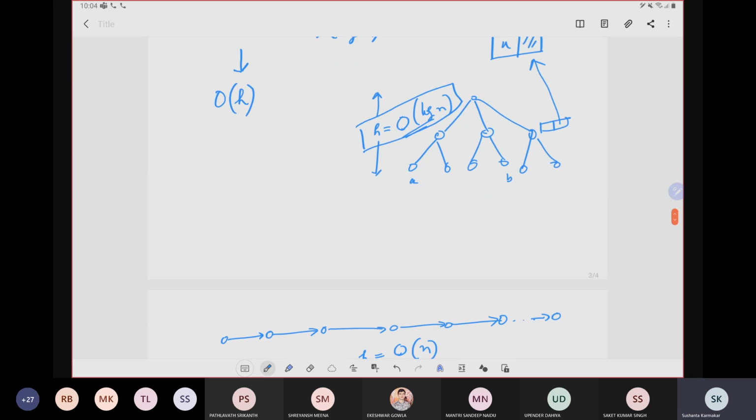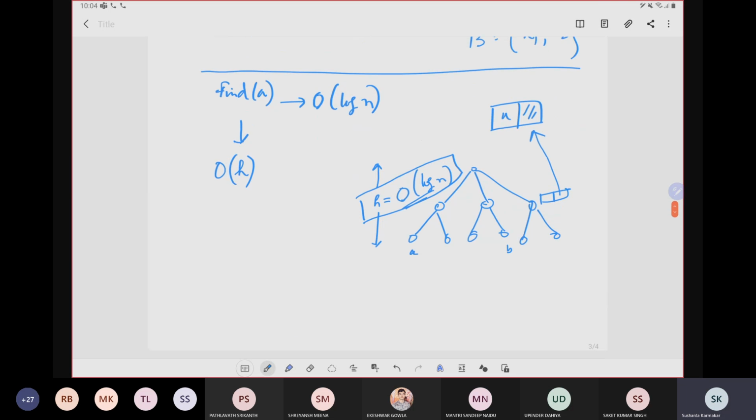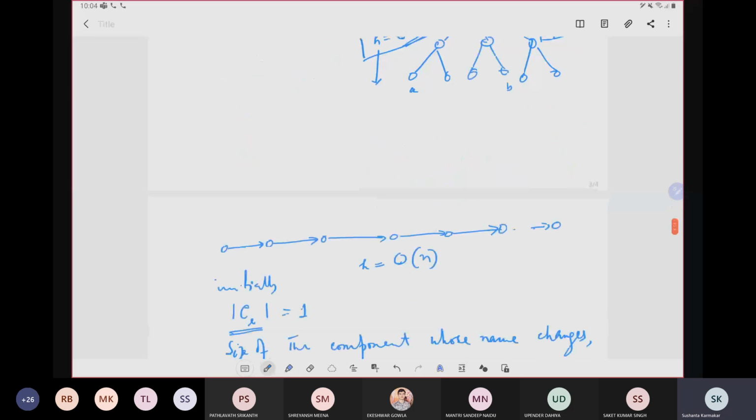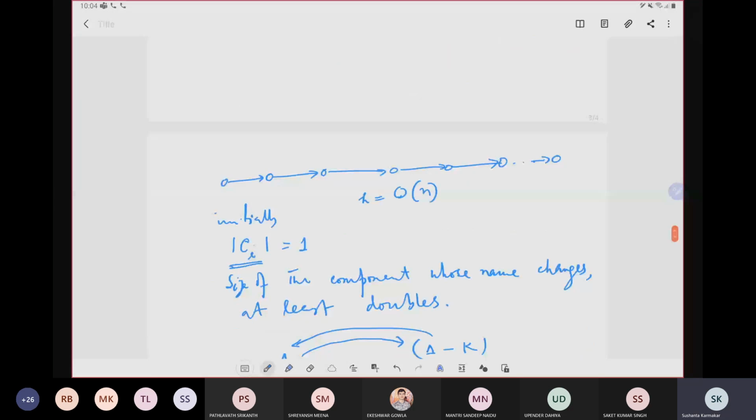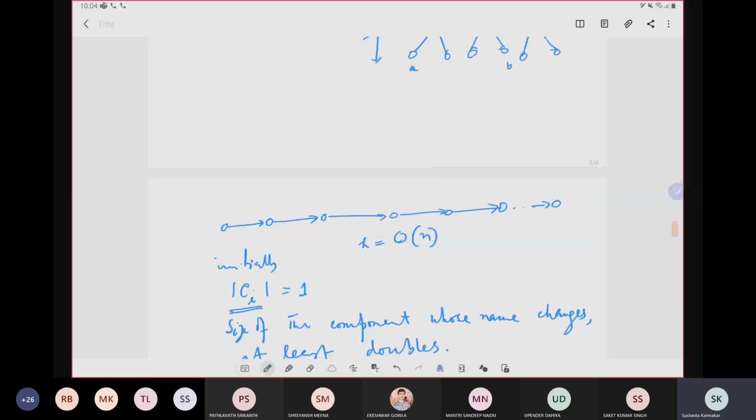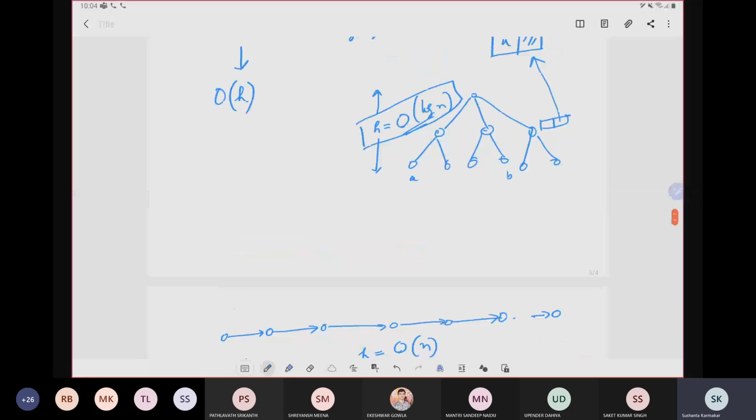We used a linked list, and we used a special kind of union where the smaller component changes its name and the bigger component keeps the name.